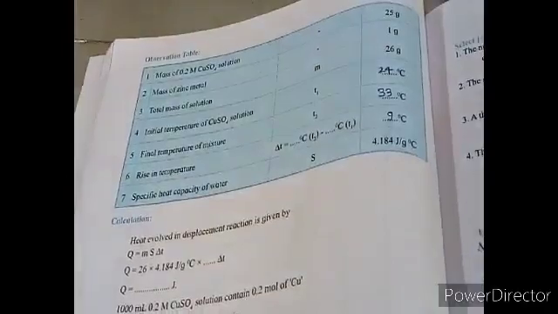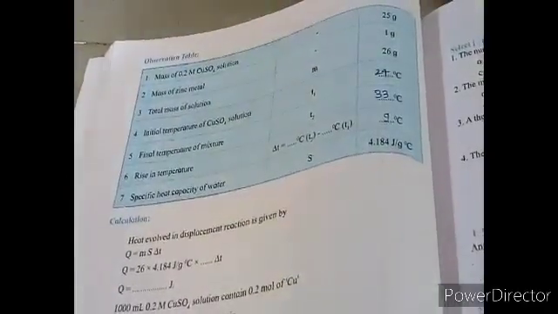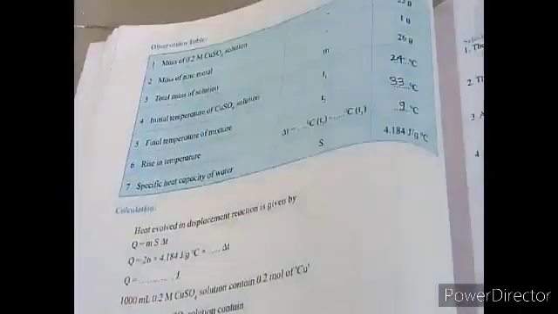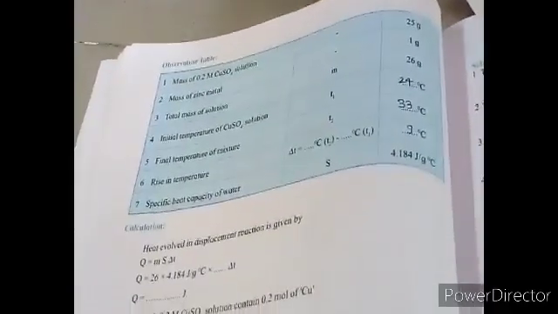Clear? Again I am repeating the steps. First, what have we taken? A clean polythene bottle, and we had taken 25 ml of 0.2 molar solution of copper sulfate. Then we have added it into the polythene bottle. Then we have determined the initial temperature, it is 24 degrees Celsius.